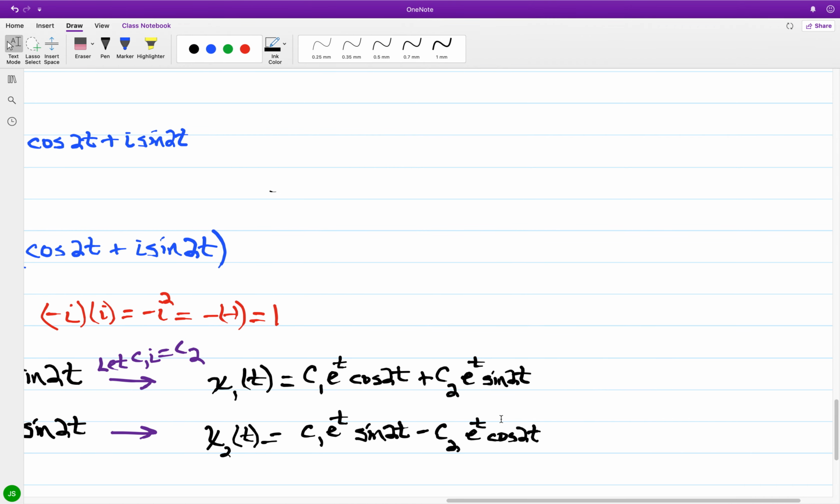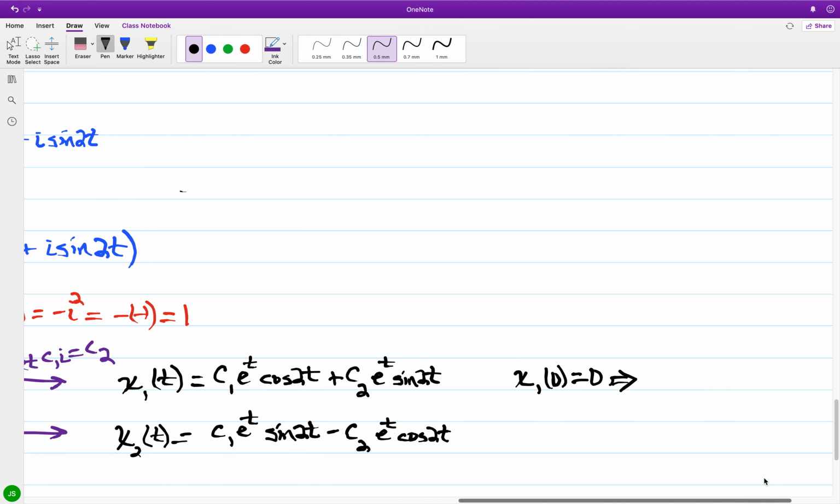Now looking at solving for c of 1 and c of 2, we have the initial conditions. x1 naught is equal to 0, so I have 0 and c1, and the cosine of 0 is 1, so 0 is equal to c1. So c1 becomes negligible.